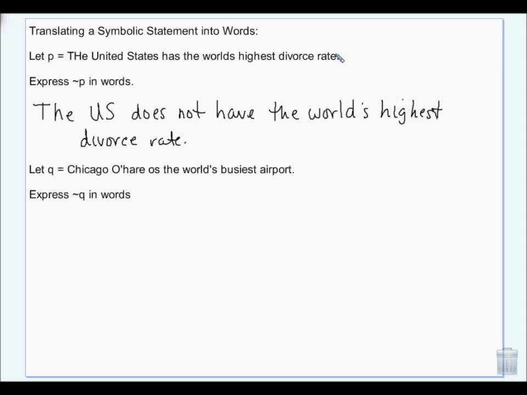Okay, now this statement here, it might be true or false. I honestly don't know if this is true or not. But if this was true, this is now false, and vice versa. If Q says Chicago O'Hare is the world's busiest airport, not Q would be is not.